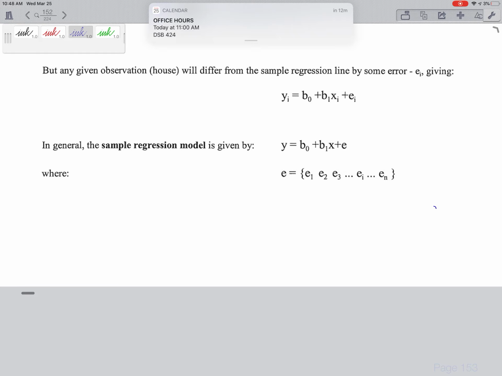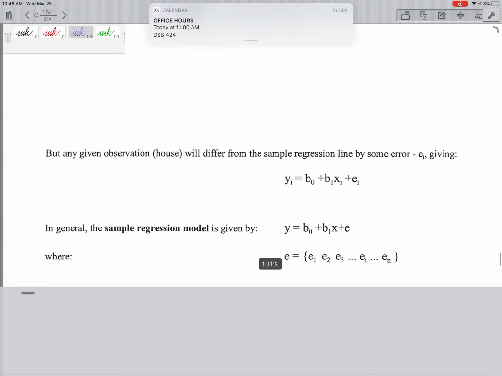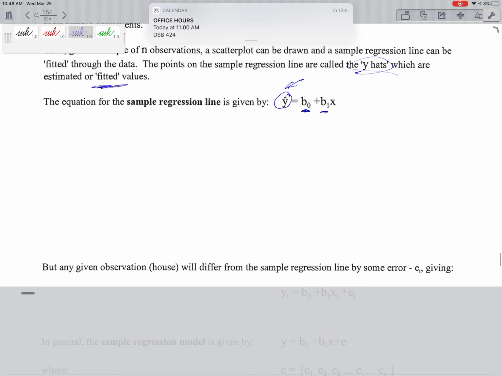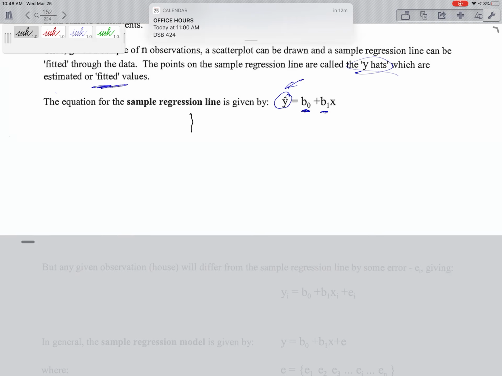Let's draw a couple more pictures, actually, first. So I'm taking a look at the sample regression line here. And so we're going to have something that looks like this. Let's draw out a relationship between x and y. And this isn't taking a look then at all possible houses, just our sample.